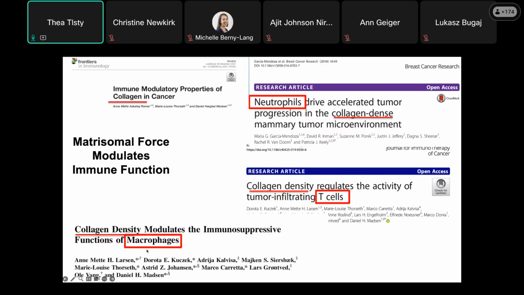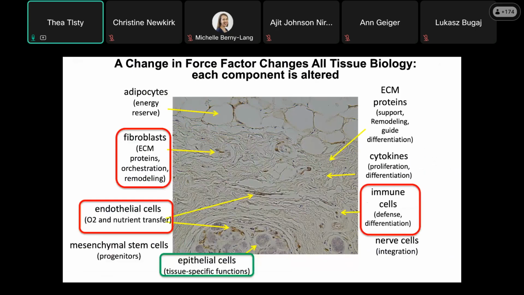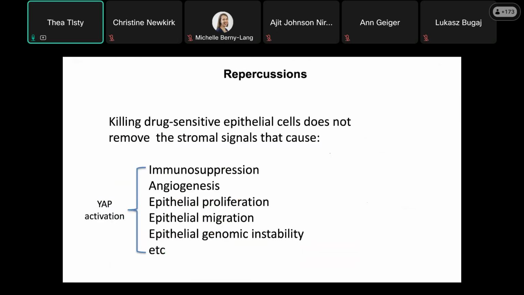Collagen density modulates the immunosuppressive functions of macrophages, T cells, etc. And so the CAFs working through mechanotransduction, as well as some secretory pathways, are important in controlling the immune system. And in the very earliest stages, what it sets up is immunosuppression. This is probably biologically relevant because it's important in wound healing. You don't want the immune system going out and clearing out everything.